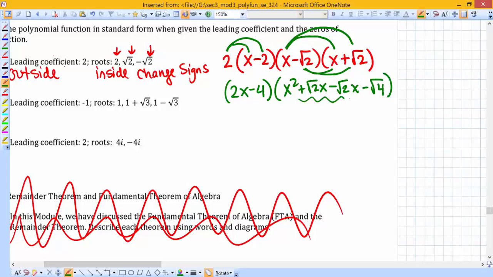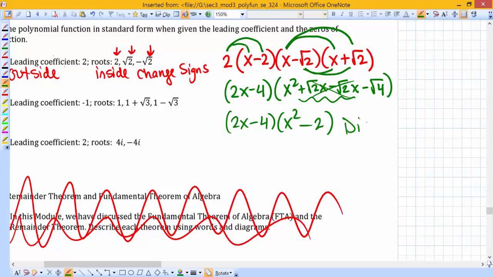Well, guess what happens here? They cancel. That's why you want to make sure you multiply the roots. So I get 2x minus 4. And then this is x squared minus, what's the square root of 4? 2.